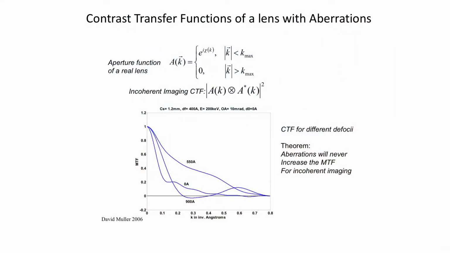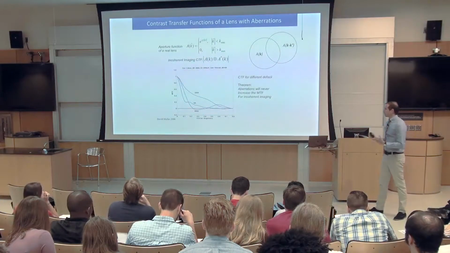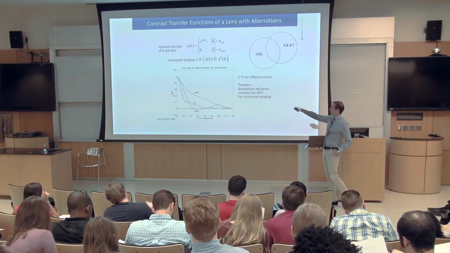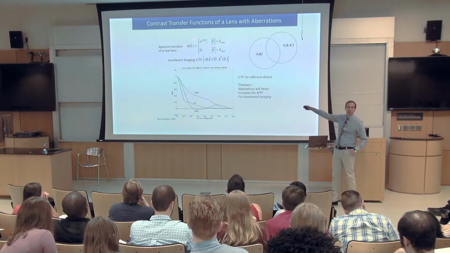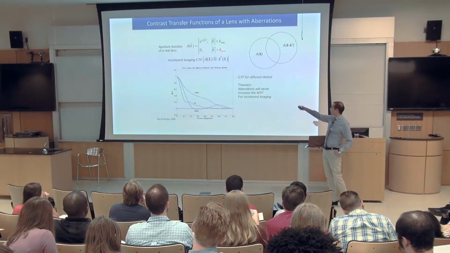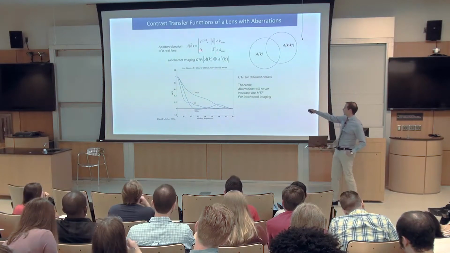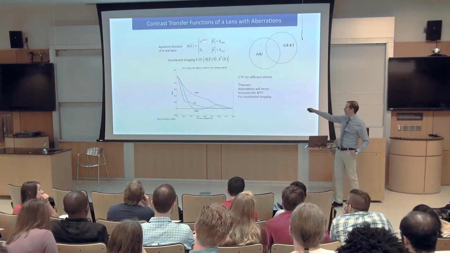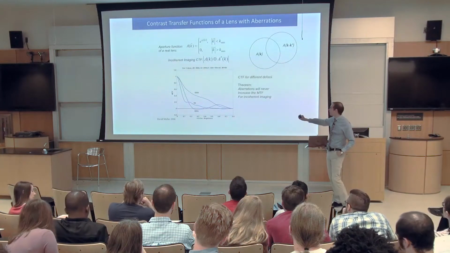All right, so what does the information transfer look like in one of these microscopes? We said that we have our aperture function. It now contains some aberrations. So it's 0 everywhere outside of the aperture, and inside it has a constant amplitude, but a phase.